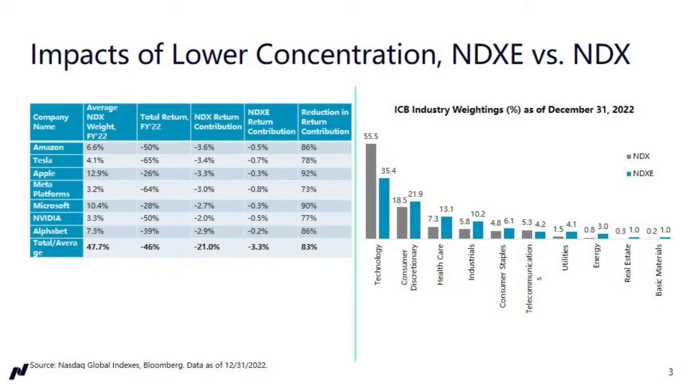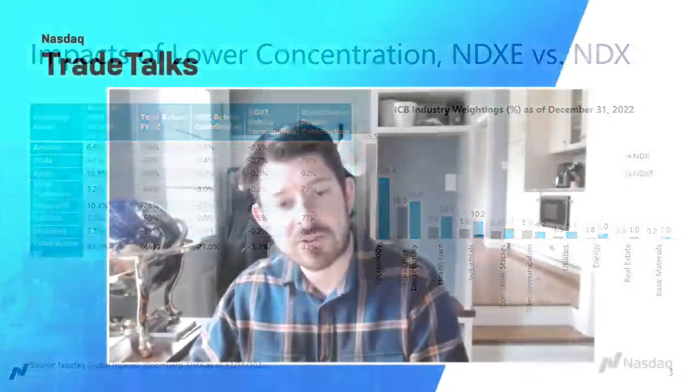So of that 33% loss for the index, 21%, about two thirds, came from just these 7 names. But if you look at the equal weighted version, where every single name gets 1% of the weighting, these names contributed only 3% of the loss. So you're talking about, on average, a reduction of 83% in the return contribution, what they contributed loss-wise to the cap weighted versus the equal weighted.